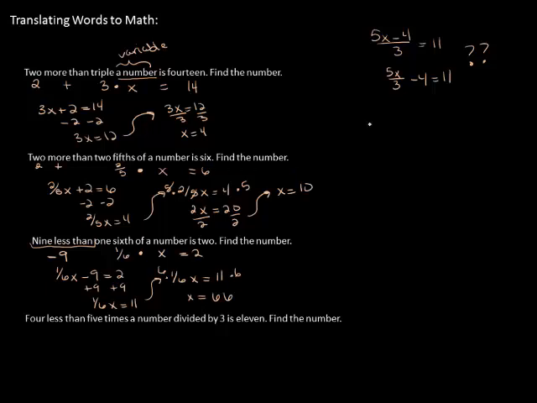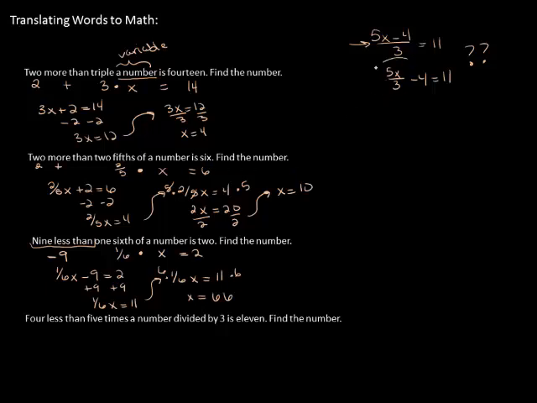If you wanted to use this one, it would be worded a little differently. They would word it as maybe the quantity 5 times the number minus 4 divided by 3, or the quotient of, it would be worded differently.